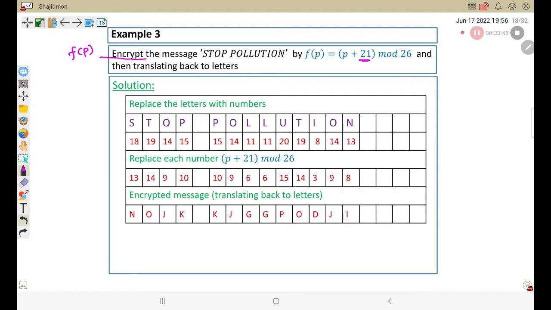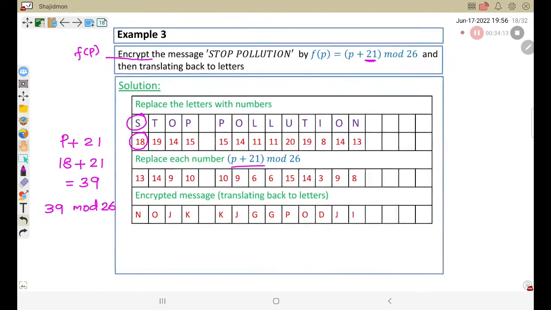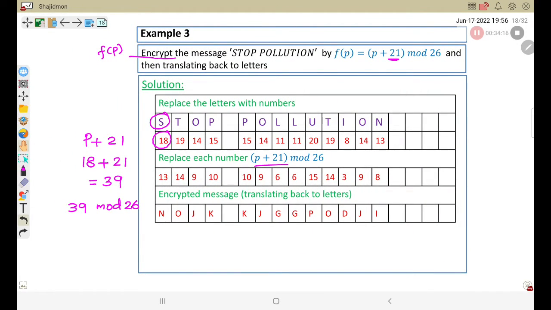For example, stop pollution. Starting with the letter S, S means number 18. Now p plus 21, the plain text number plus 21, that means 18 plus 21. You can check on the calculator: you will get 39. Because we don't have a letter 39, we need to change it with mod 26.